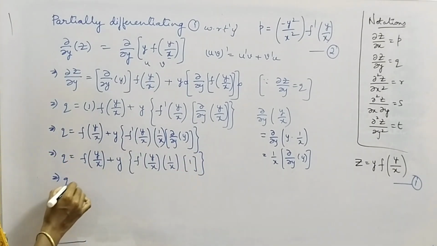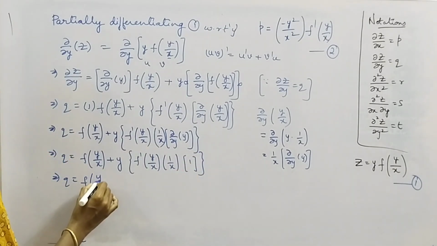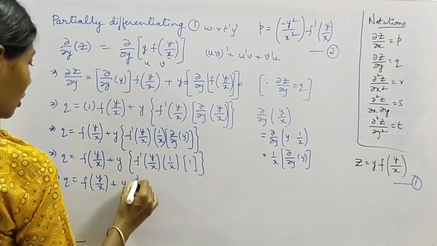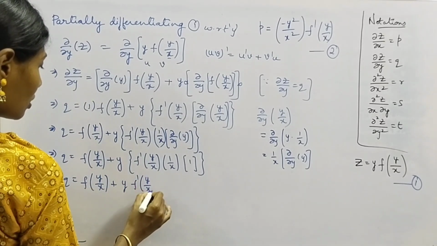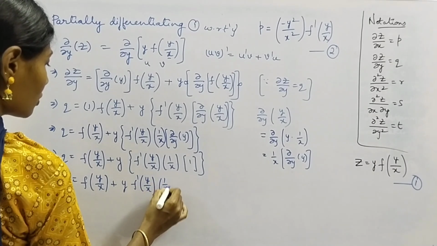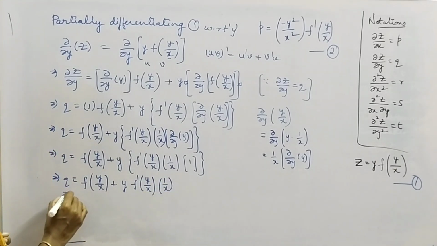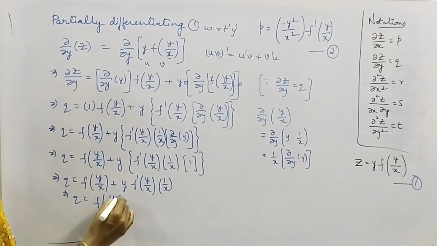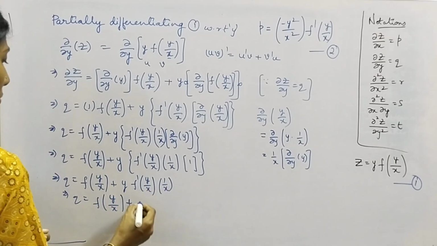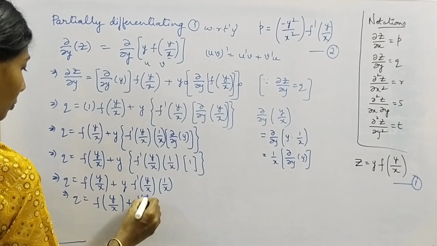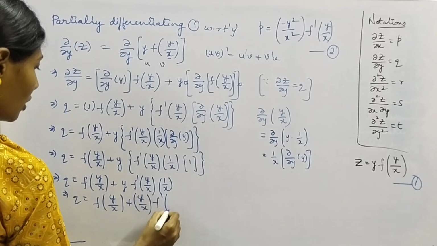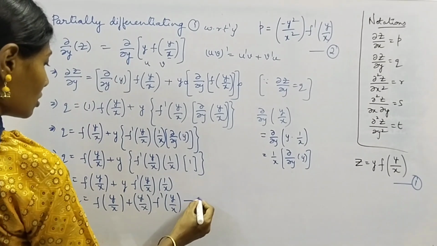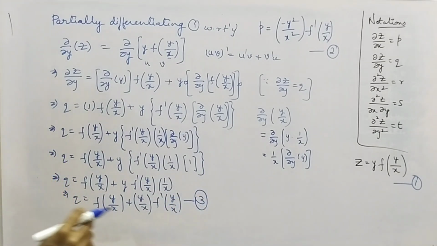So q equals f of y by x plus y into f dash of y by x into 1 by x, which gives us q equal to f of y by x plus y into 1 by x, that is y by x into f dash of y by x. Consider this as equation number 3.